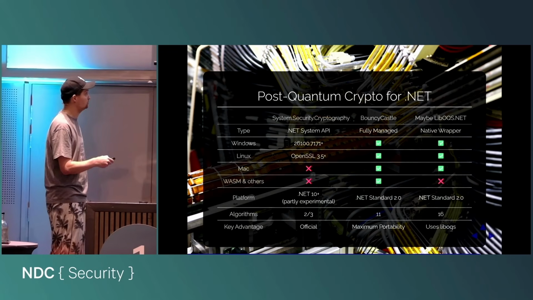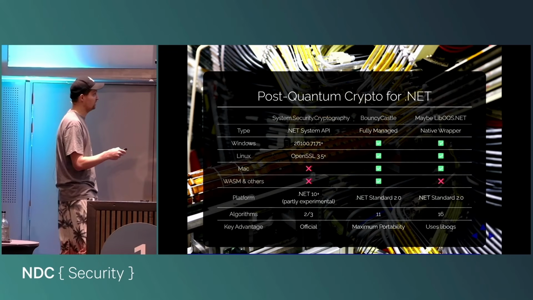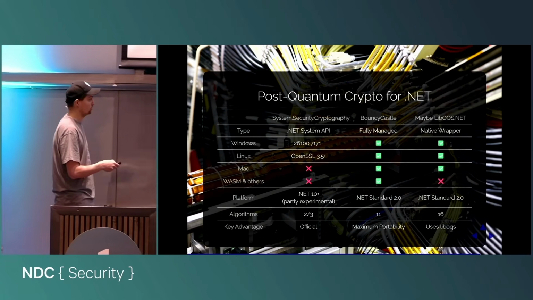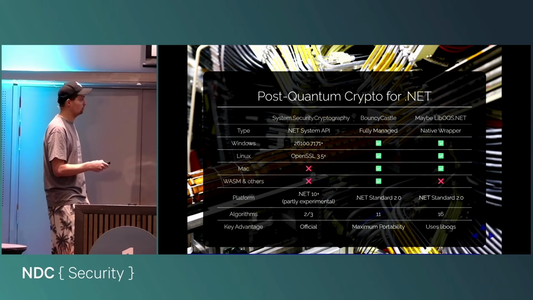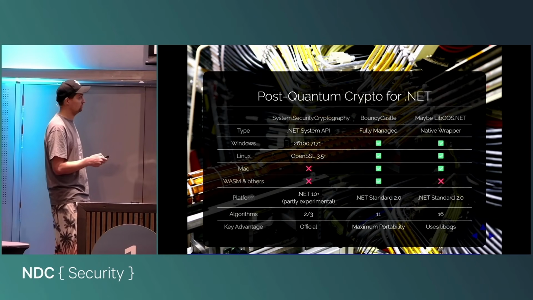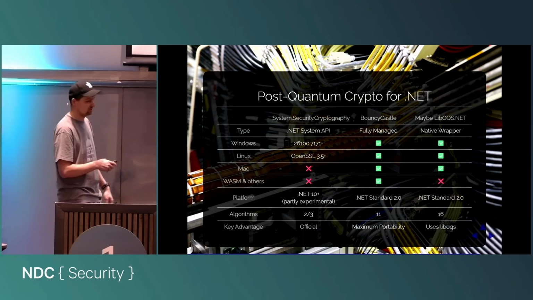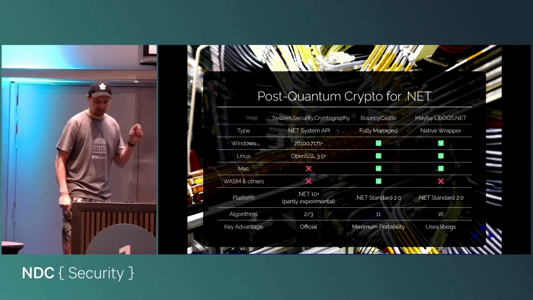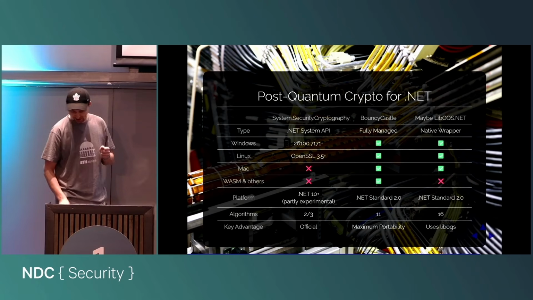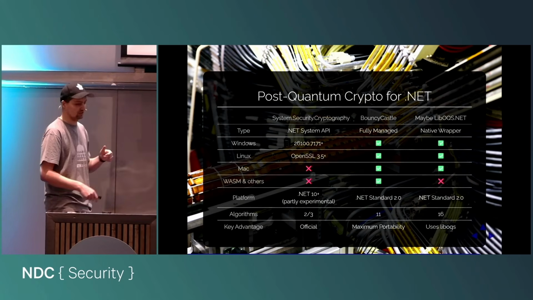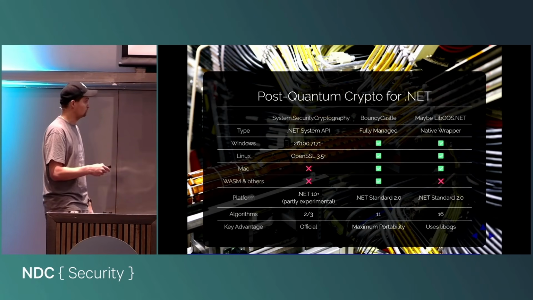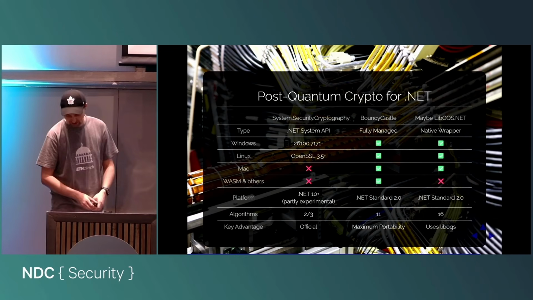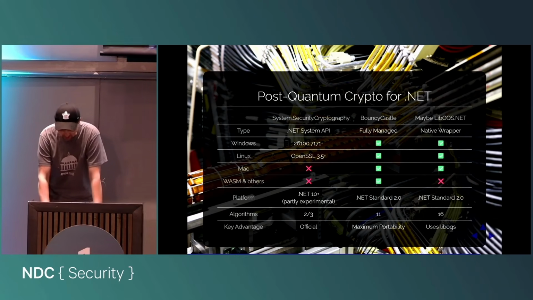And then with maybe libOQS.net, you basically get access to whatever is in libOQS, which is the most algorithms, and you have generally quite good portability because it works on all desktop platforms for both x64 and ARM64. And it's .NET Standard, so you can use it in .NET that is lower than .NET 10. And I think that's that.